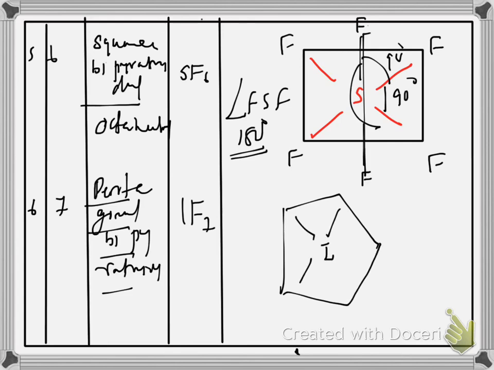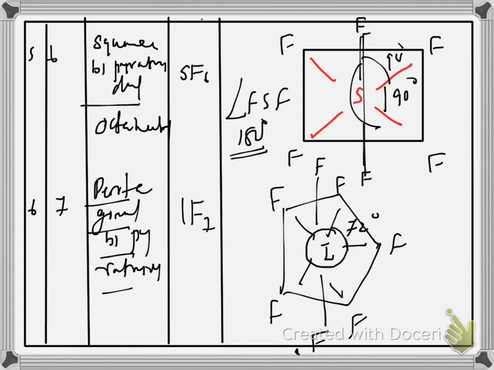Fluorine 1, 2, 3, 4, 5. 1 at the top, that is 1 pyramid. Other at the bottom, that is the second pyramid. Here the angle inside the plane is 72 degree, because the total 360 is divided into 5 sections. So 360 by 5, that is 72 degree. The out of plane angle is 90 degree.